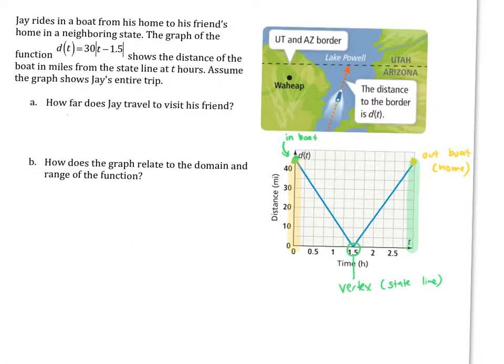Jay, not Jared, is 45 miles from the state line to begin with. So that would be this section right there. And he ends up, coincidentally, 45 miles away. His home is 45 miles from the state line on the other side.